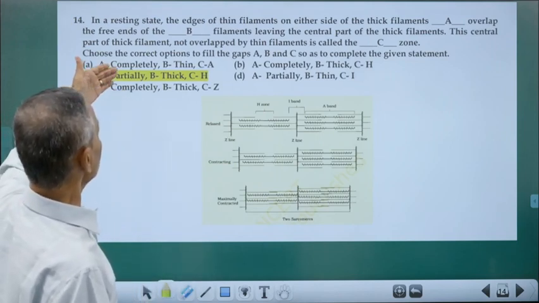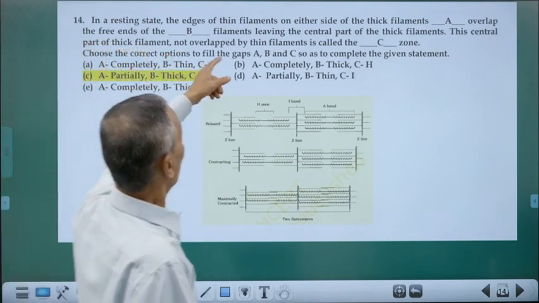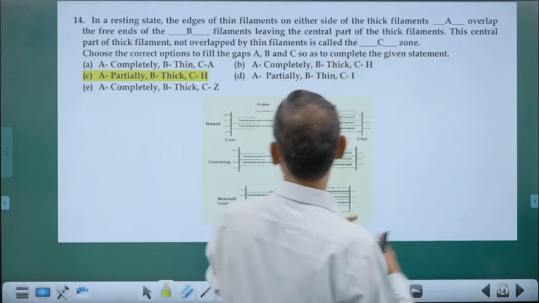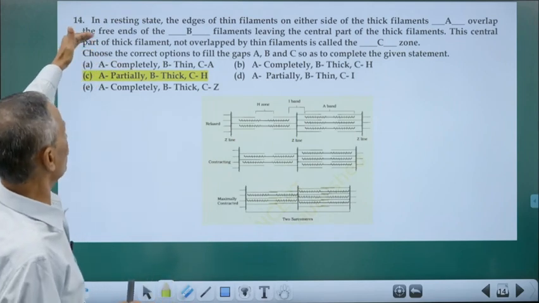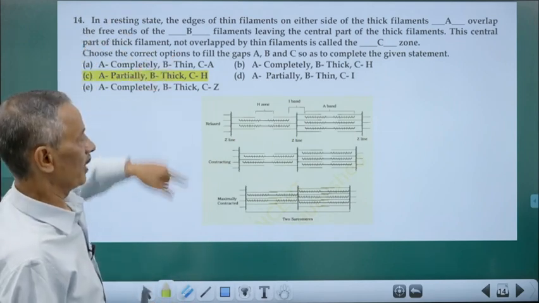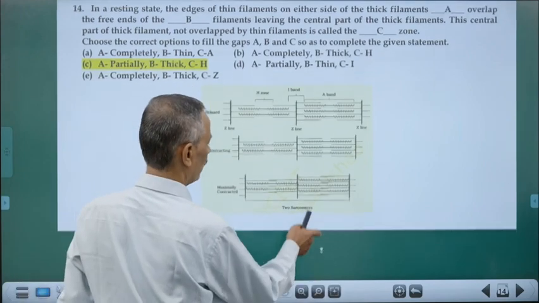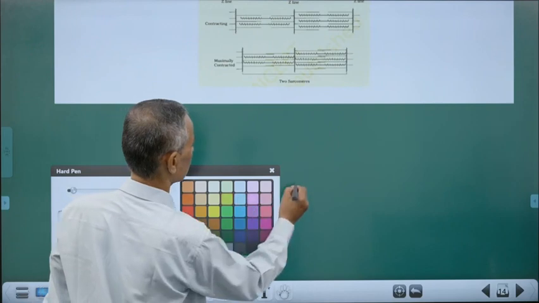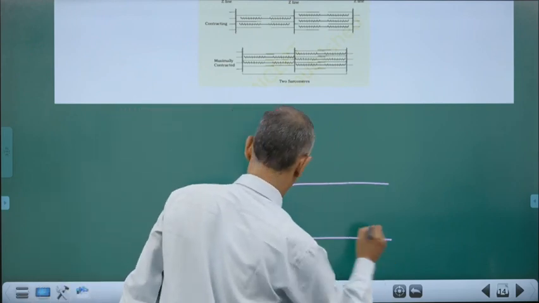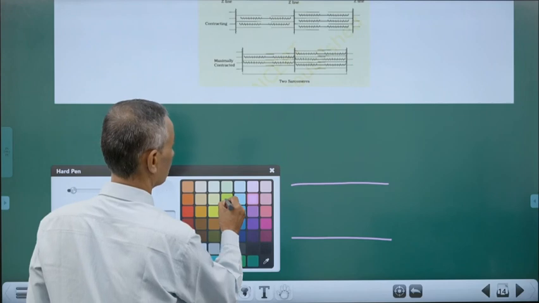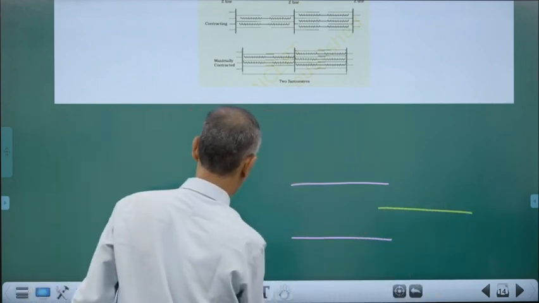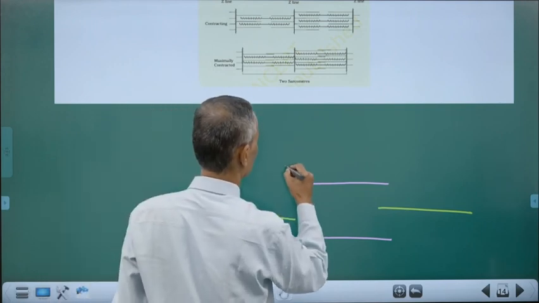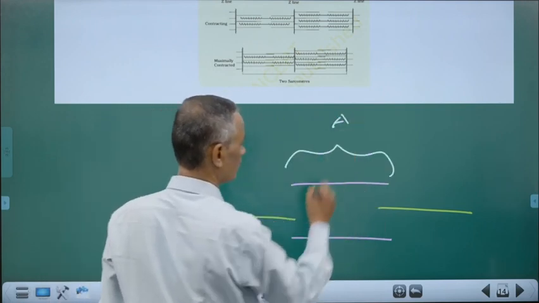In the resting stage, edges of thin filament on either side of the thick filament slightly overlap, or partially overlap, the free ends of the thick filament. Okay, we have seen it. When the muscle is in a fully relaxed condition, this is the A band.